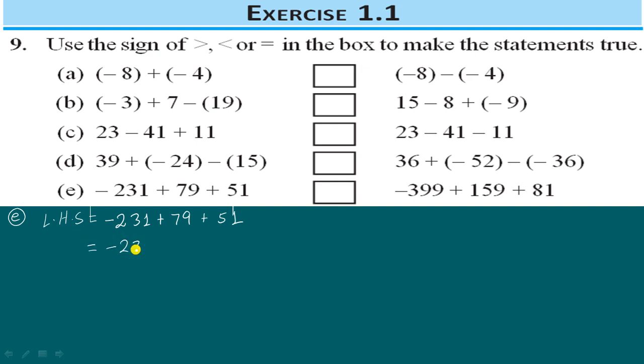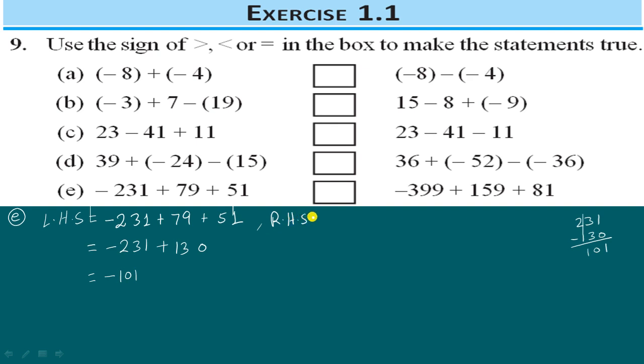That is equal to minus 231 plus, if we add this one, 9 plus 1, 10, carry 1, it is 0, 5 plus 1, 6, 6 and 7, 13, 130. Now, if you subtract this one, we are getting 231 minus 130, we are getting 101.